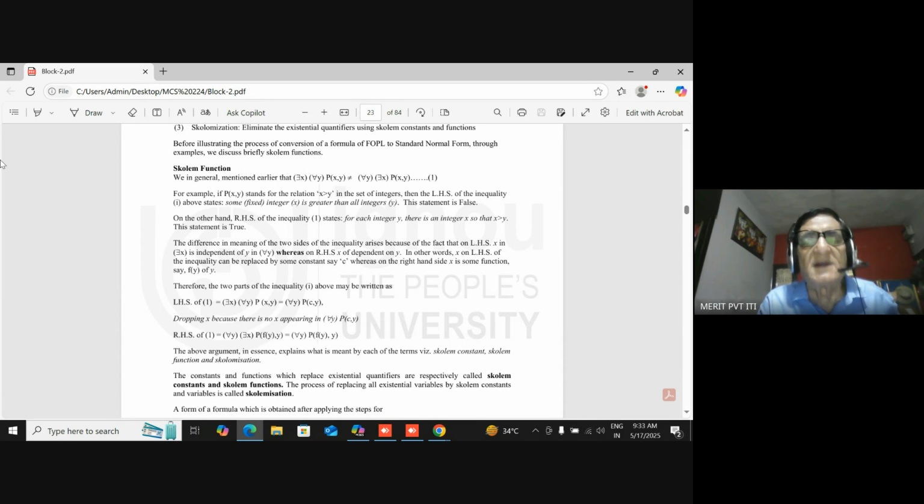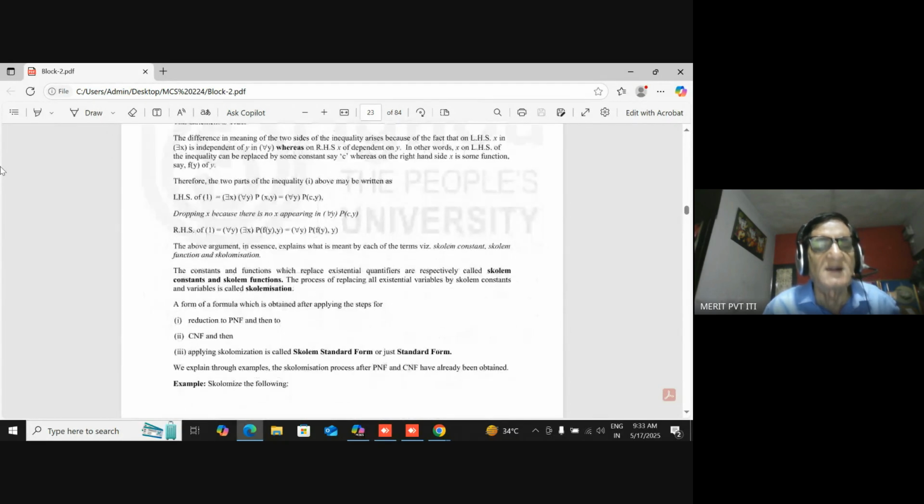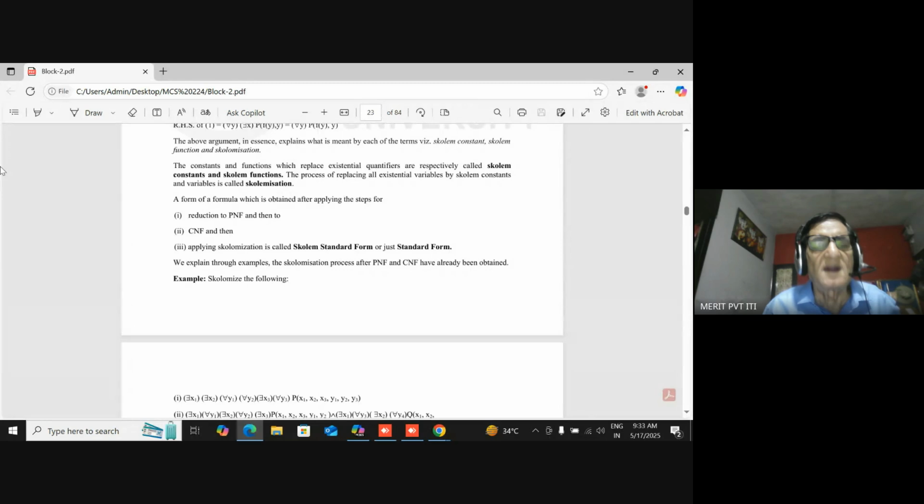The statement is false. On the other hand, the right hand side states that for each integer y, there is an integer x so that x is greater than y. The statement is true. So that type of thing we can see there, left hand side and right hand side.